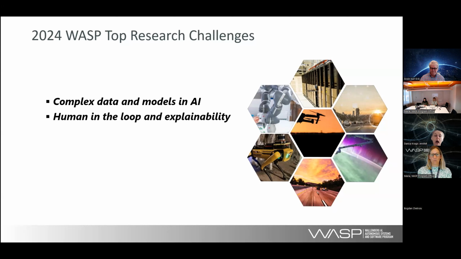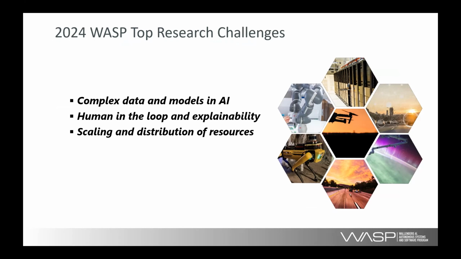Next, we look into how human in the loop can be used and facilitate the explainability of the models we develop. Then we have research that addresses scaling and distribution of various types of resources. Here we talk about hardware used for computation, but also the fact that we are deploying most of the systems or models that we develop on real physical systems.